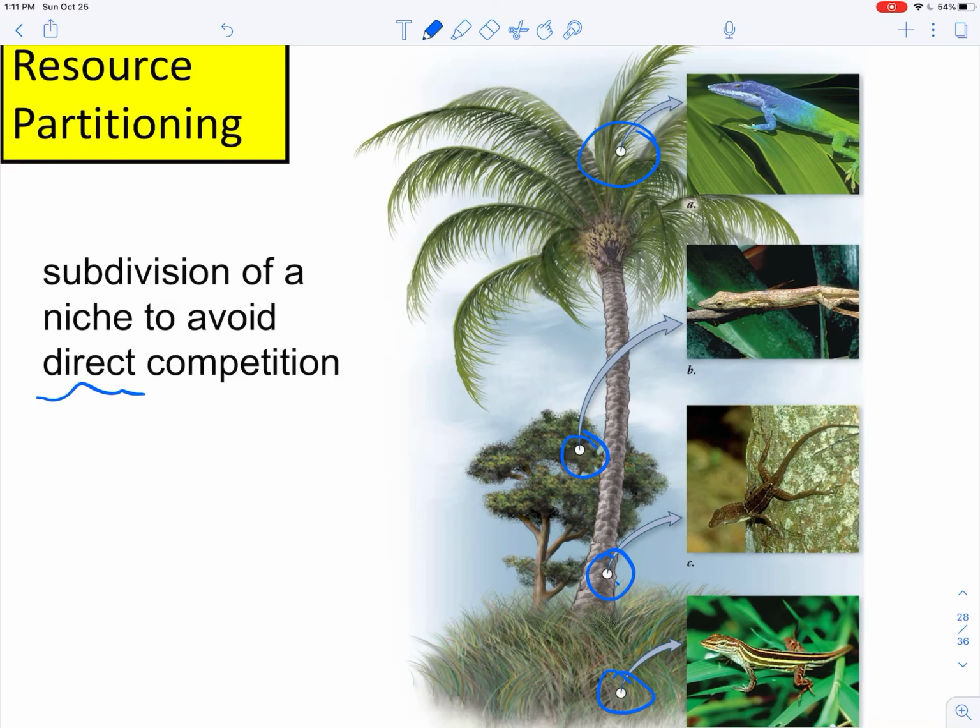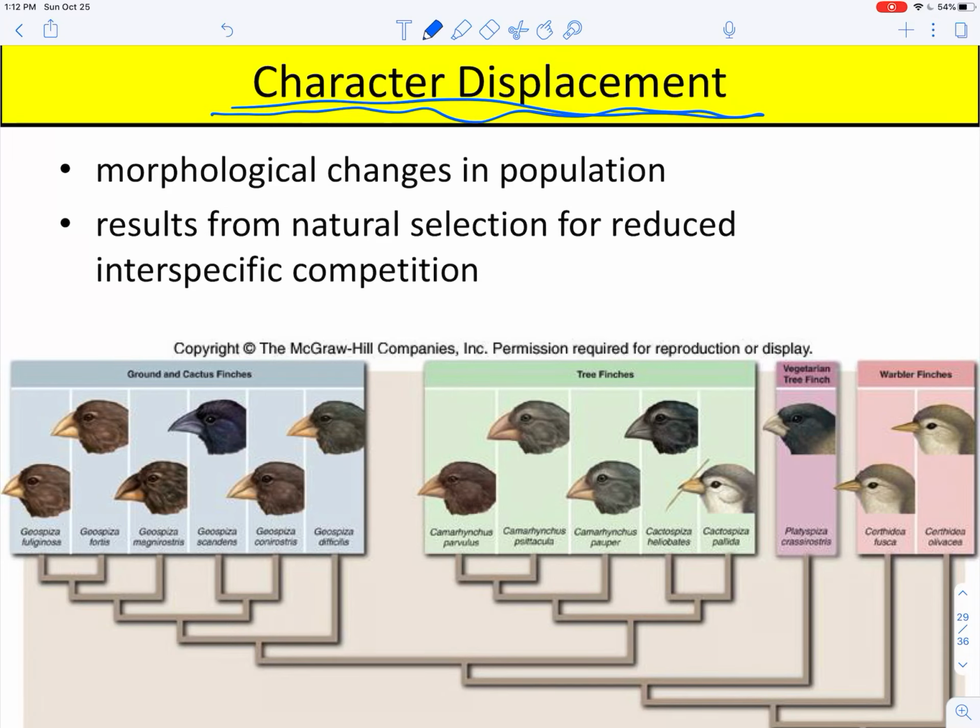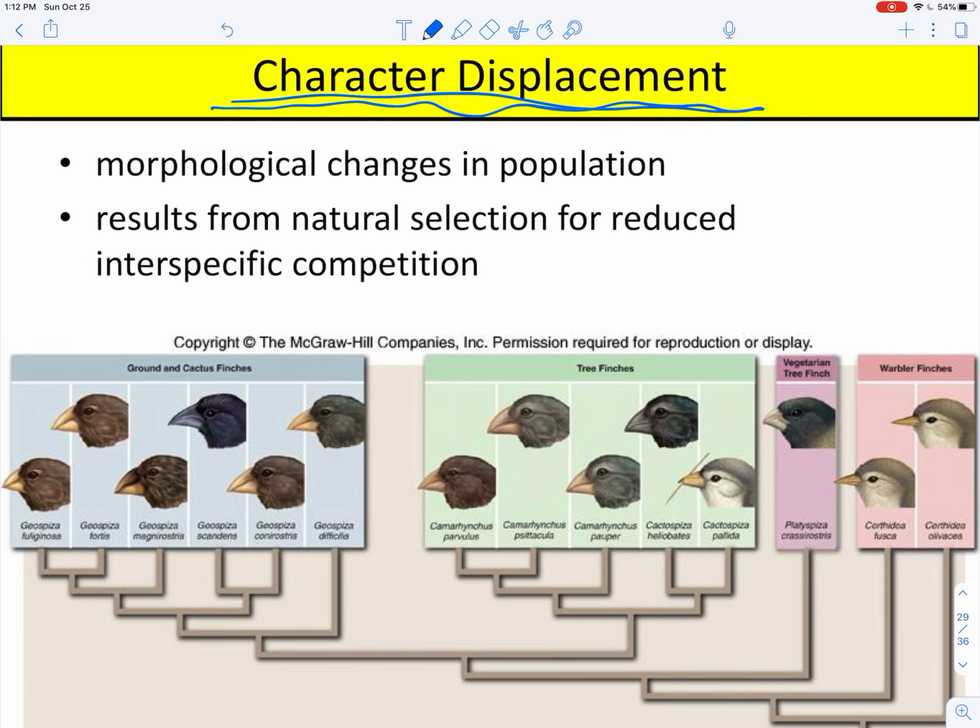So following resource partitioning over evolutionary time, what can happen are changes that occur morphologically, and we call this character displacement. These are morphological changes that occur in a population, and it results from natural selection for reduced interspecific competition. So if we think back to Darwin's finches, for example, what we're seeing here is a common ancestor, and likely over time, we saw resource partitioning take place as competitive interactions increased.